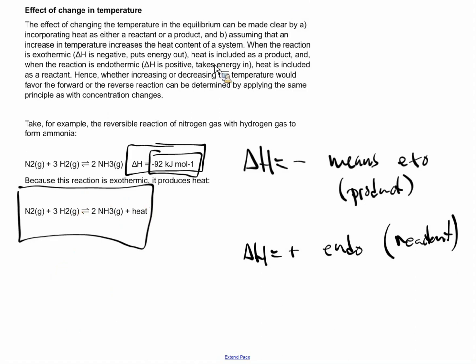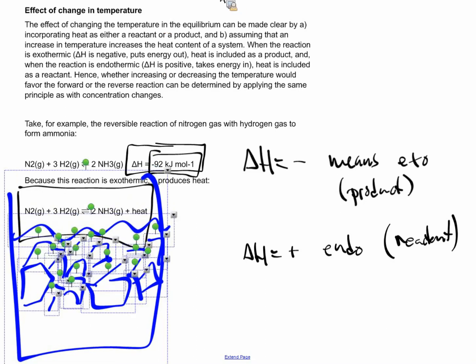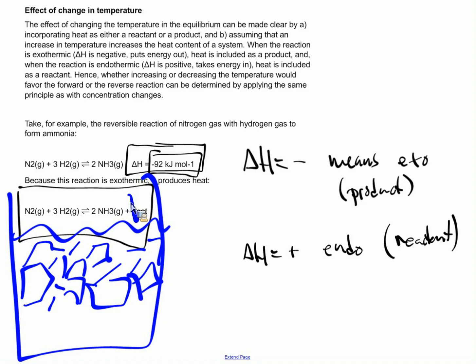We'll drop in ice cubes. These are ice cubes, don't worry about my drawing skills. So now I'm cooling it. What would we expect to happen if I decrease the temperature, or take heat away? It shifts towards the same side I removed from, so I would produce more products. I'm feeling great about this. I assume you do too.